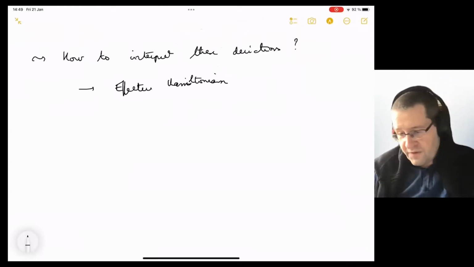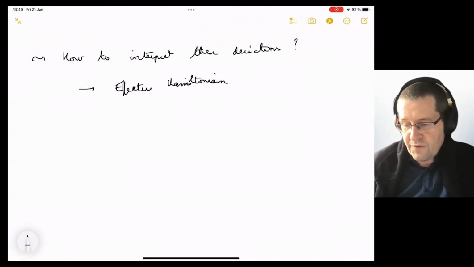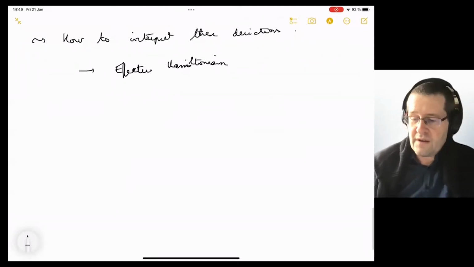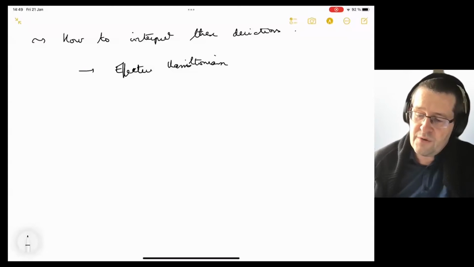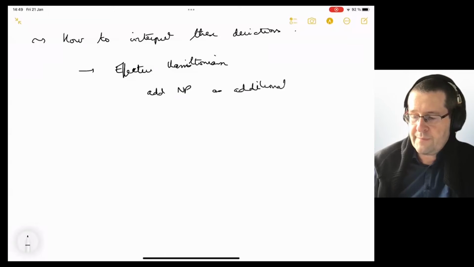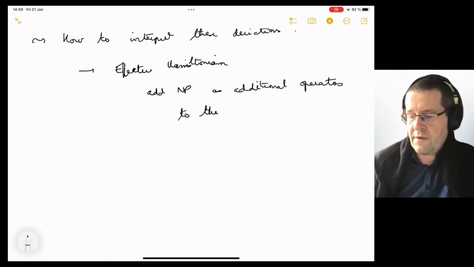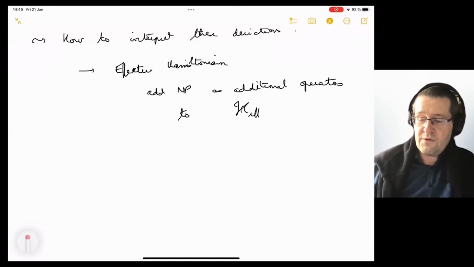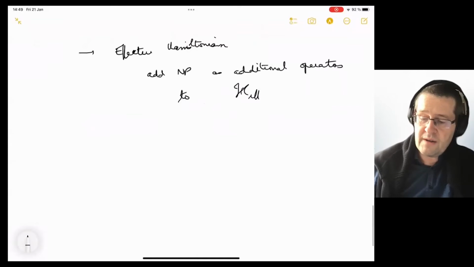I already used this idea as a good tool for standard model analysis, but what you can do is just add new physics as additional operators to this effective Hamiltonian. And then you can just do the analysis in a model independent way.